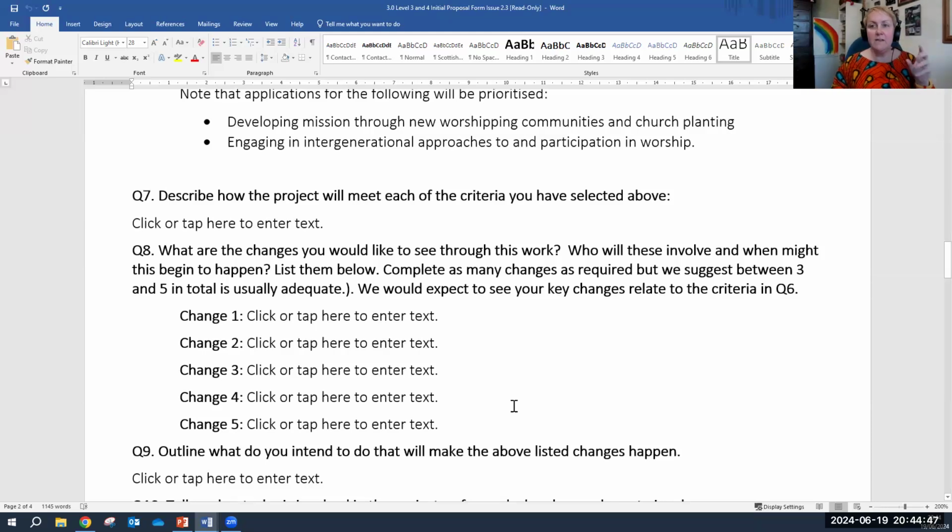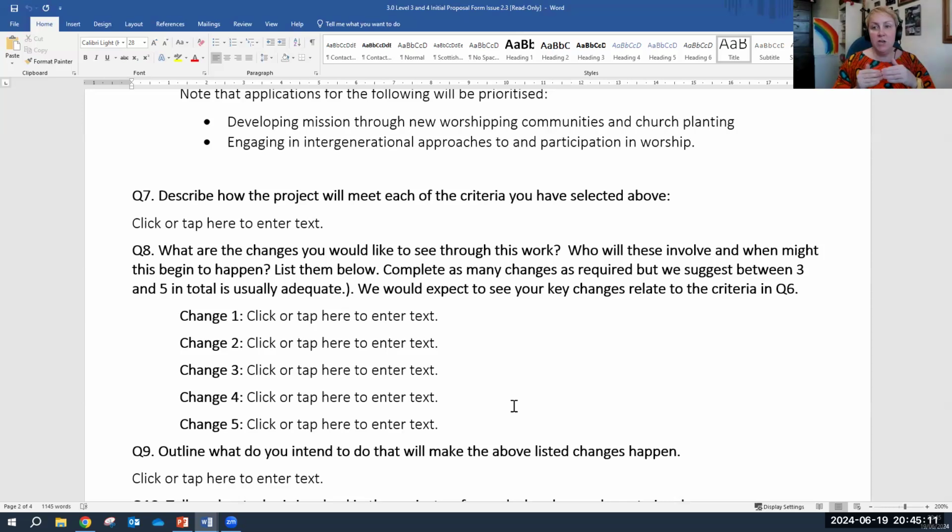Now, this is where it gets a little bit different from what we've done previously. We've got here individual changes. Just as we talked about at level 2, what are the changes you would like to see through this work? What are you trying to achieve? What's going to be different after this work than is currently the case?